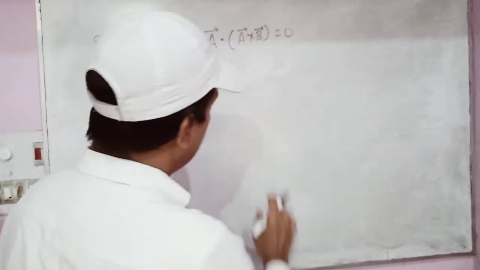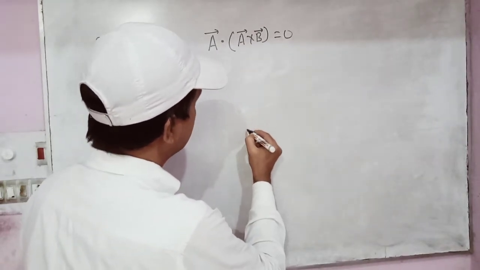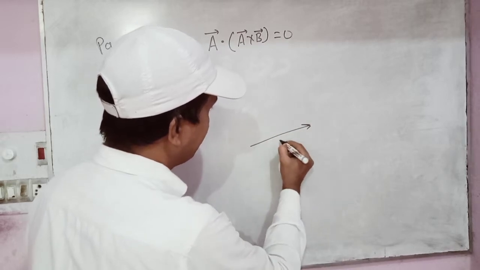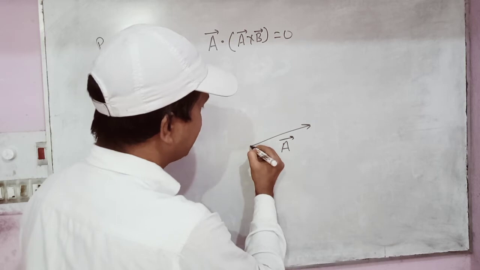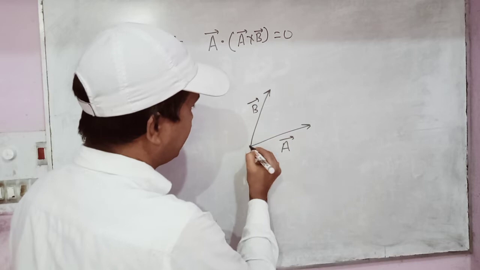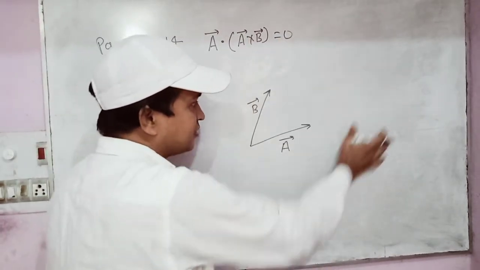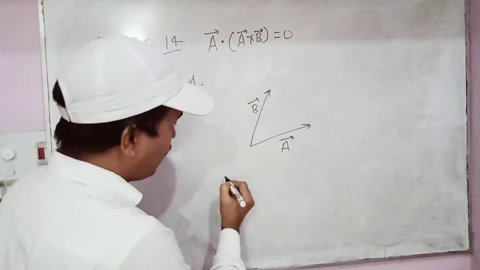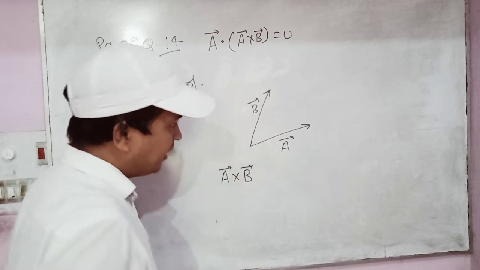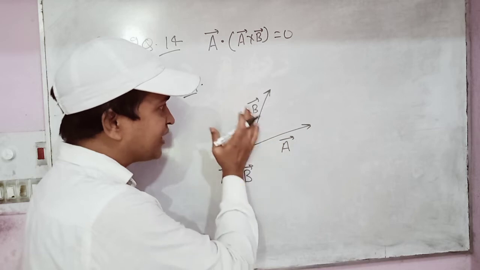See, suppose there are two vectors here, vector A and vector B, and let vectors A and B be in the plane of this board. Then what is the direction of vector A cross B? It is perpendicular to the plane in which vector A and vector B lie.